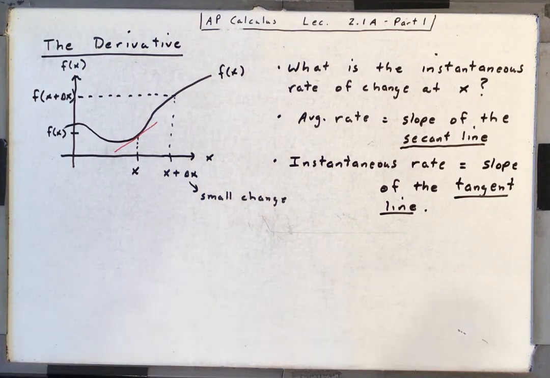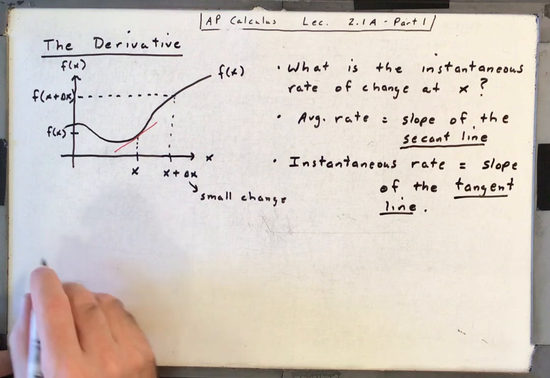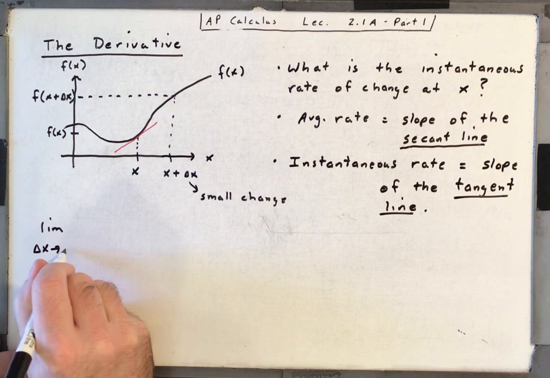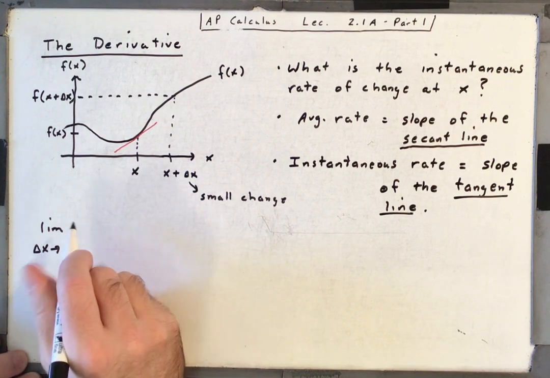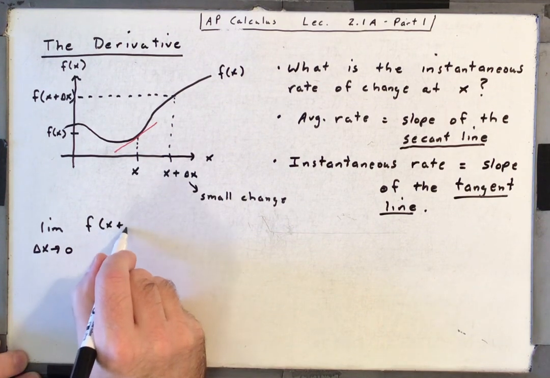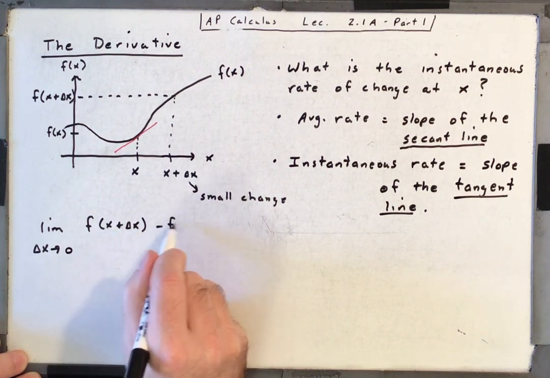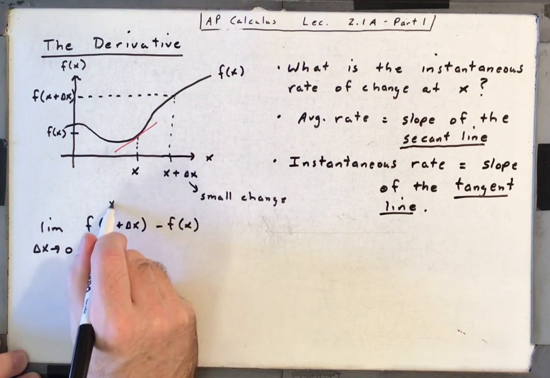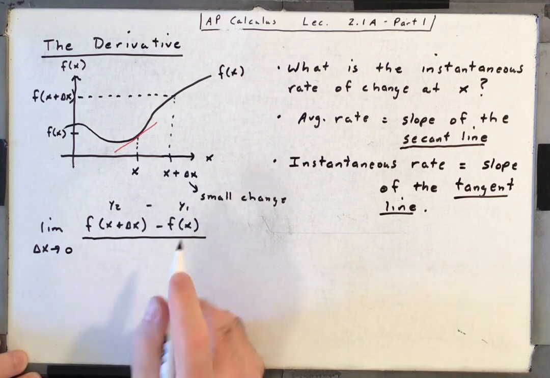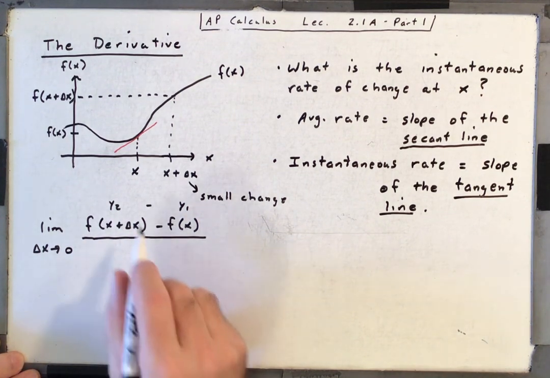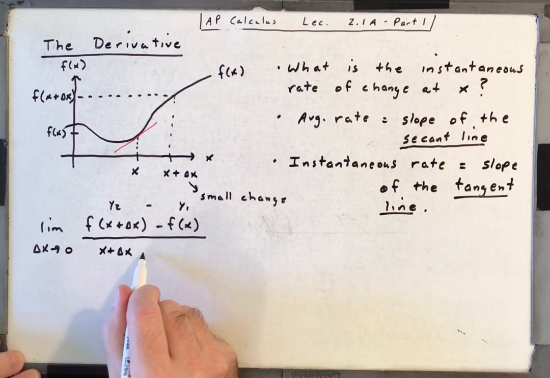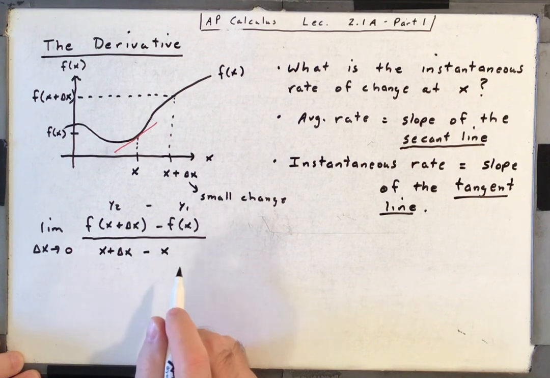To get that, here's the formula you use. You take the limit, as we just did, as delta x approaches 0 of the change in y, f of x plus delta x minus f of x. So this is y2, and this is y1, y2 minus y1, over the change in x, x plus delta x minus x.